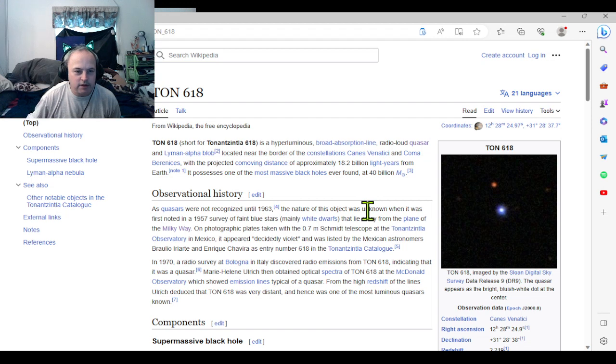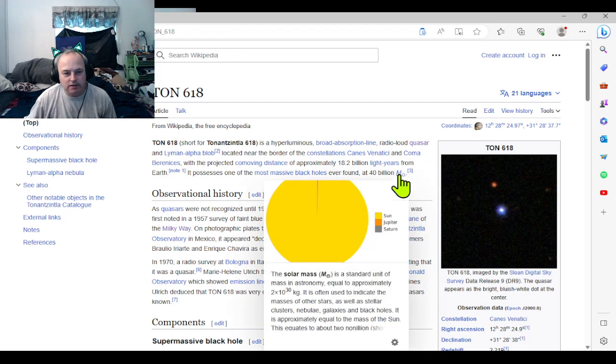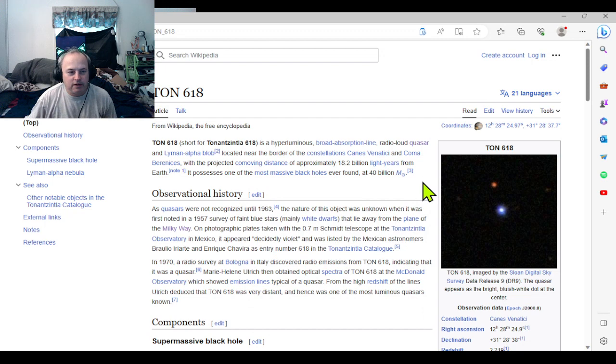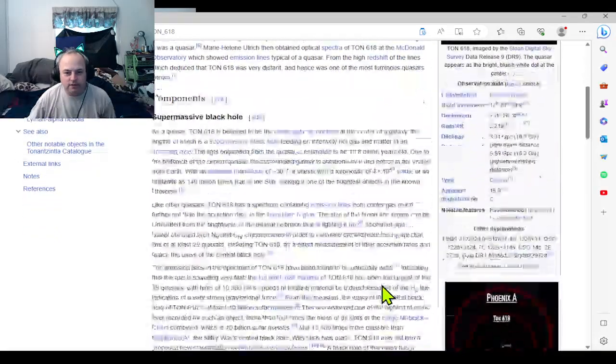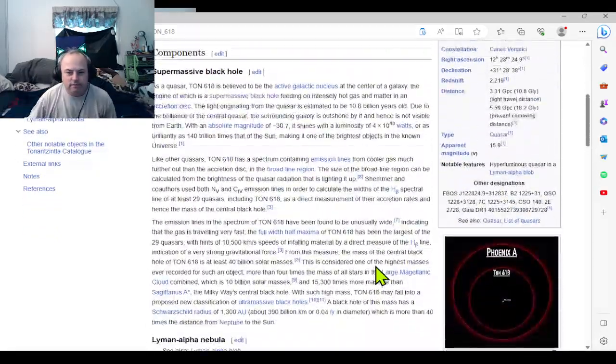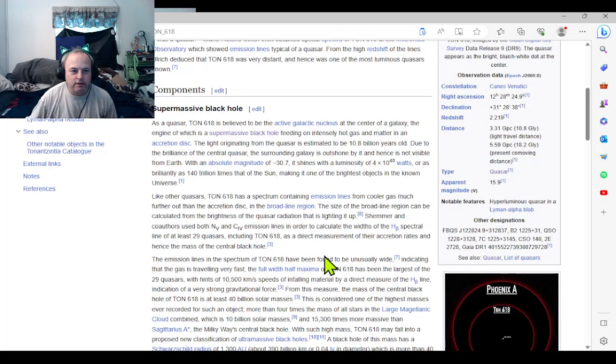It possesses one of the most massive black holes ever found. So it's 40 billion masses, 40 billion suns. But that's not quite the size of a universe, which would be on the order of 1 trillion suns.